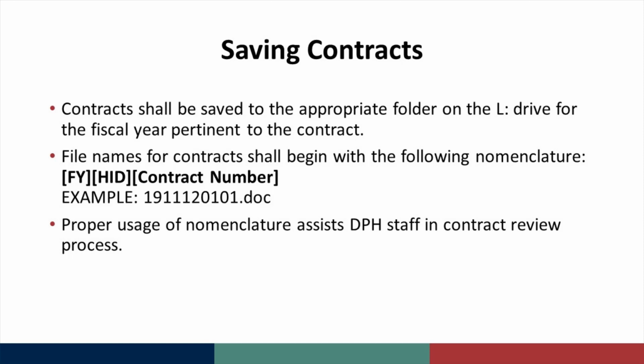For example, if the contract were for fiscal year 2019, the nomenclature would be 19101201101, where 101 is the health department HID and 20101 is the contract or provider number. Proper usage of this nomenclature assists Department for Public Health staff in the contract review process.